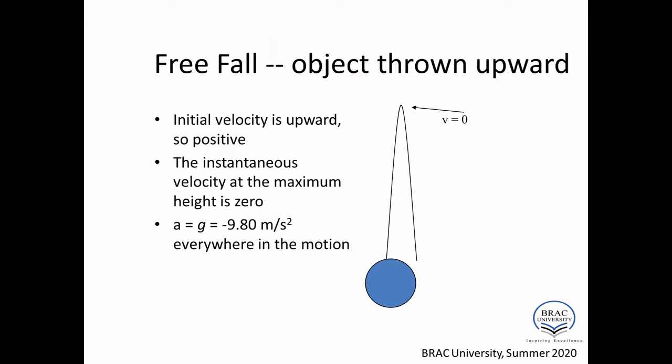The initial velocity is positive, then it decreases due to gravity, and after decreasing, the velocity will be zero at the highest point. Here also acceleration a equal to g equal to minus 9.8 meters per second square. So everywhere in the motion, g is always minus 9.8 meters per second square, constant.